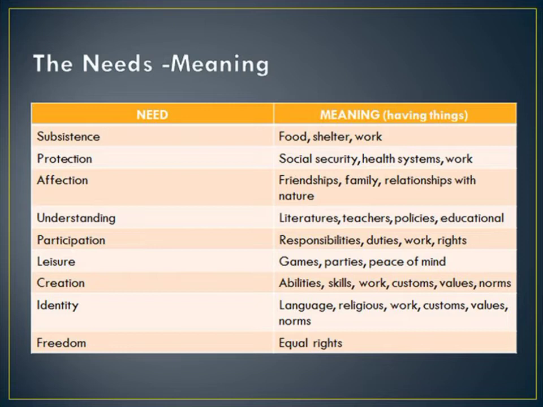For the need of creation, we have abilities, skills, work, customs, values, and norms. For the need of identity, having things like language, religion, work, customs, values, and norms. For the need of freedom, we have equal rights. So those are the needs and their corresponding meanings.